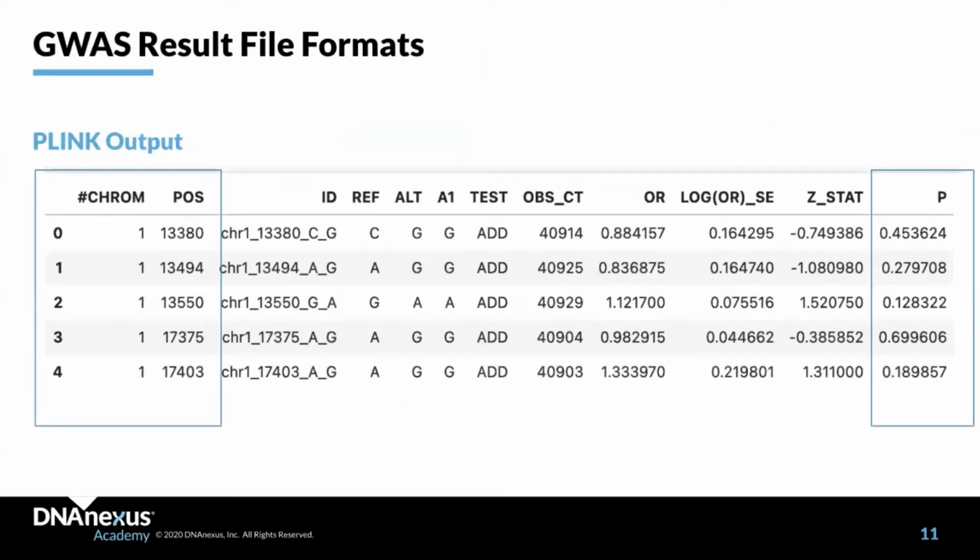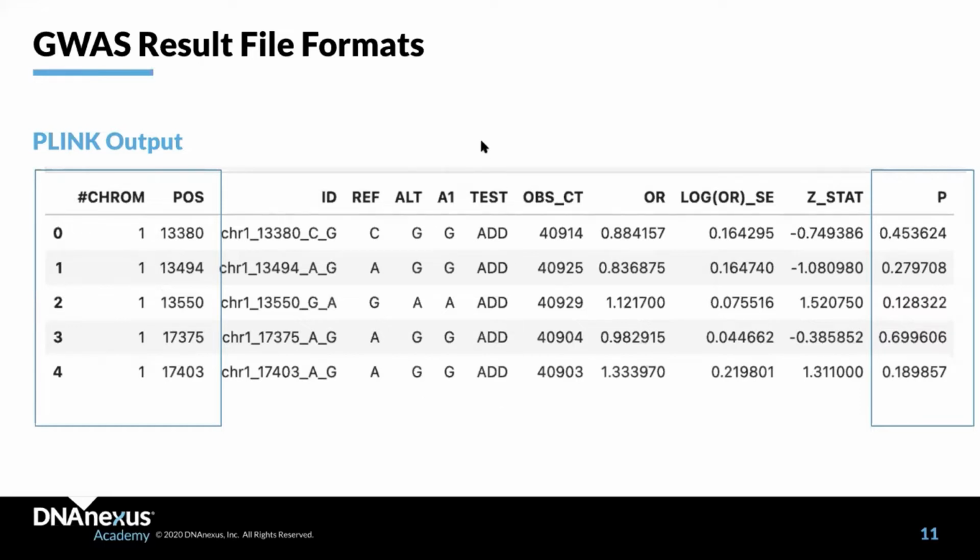We will be showing two formats here, but as I said, we'll be focusing mostly on Regenie. Here is how the Plink output format looks. It's a tab-separated table where you have chromosome, position, ID of the variant, reference and alternative allele.